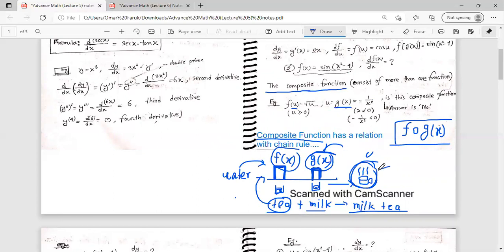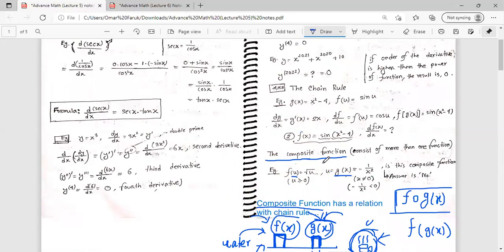So this milk tea is combined from two functions, firstly f of x and then g of x. So we can write it like f of g of x. So this is a composite function.